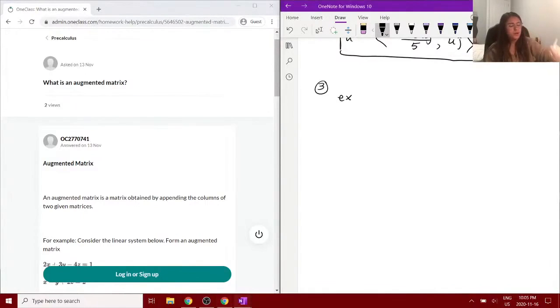So if we have an example of a system of linear equations, given as, for example, 2x plus 3y minus 4z is equal to 1.